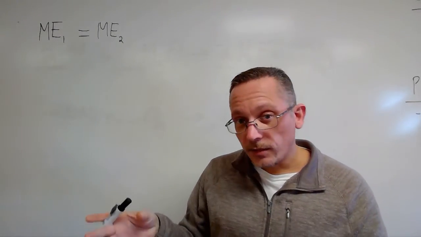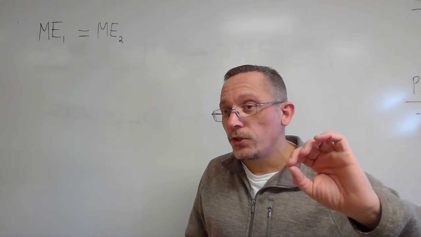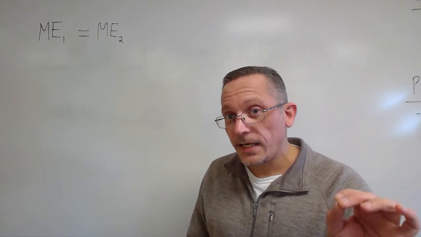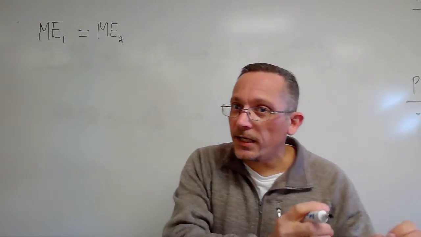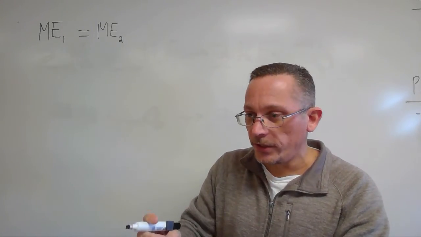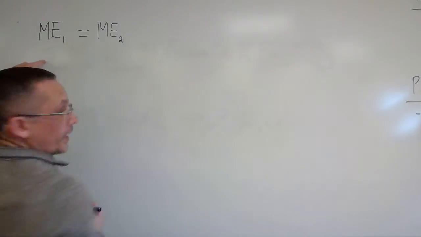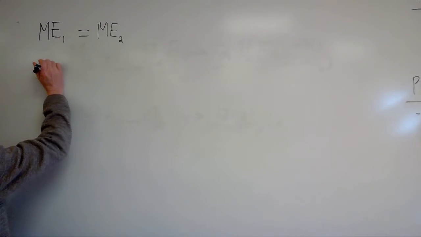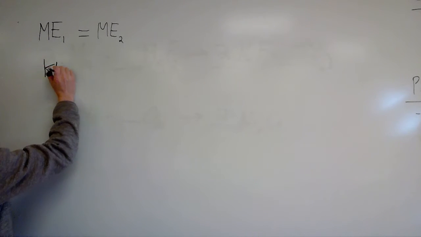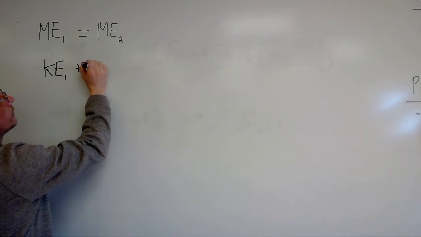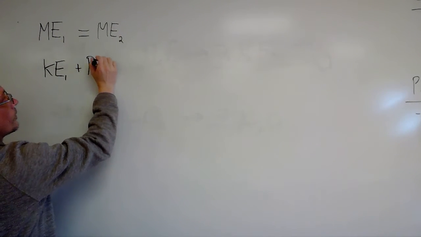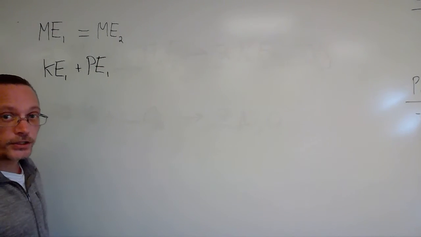Now the mechanical energy, we could break this into kinetic energy and potential energy. So the mechanical energy is the kinetic energy plus the potential energy. So mechanical energy at the beginning is the kinetic energy at the beginning plus the potential energy at the beginning.